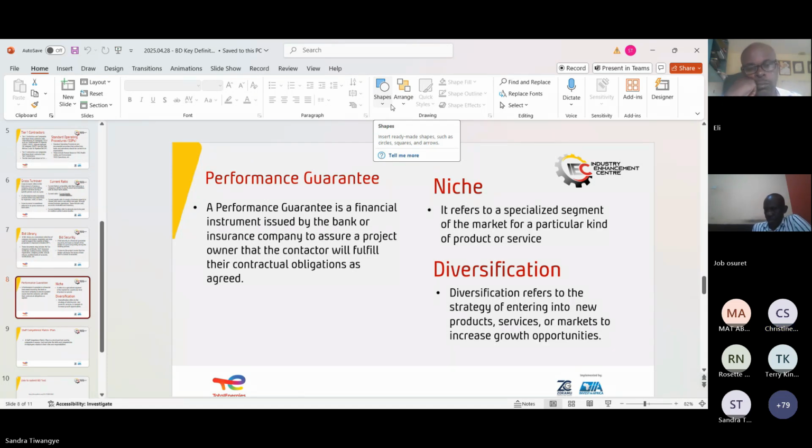Okay, so a performance guarantee, as we've pulled up the slide, it's a financial instrument similar to a bid security that is also issued by a bank or an insurance company in this case, that assures the project owner that the contractor will fulfill their contractual obligations as agreed.